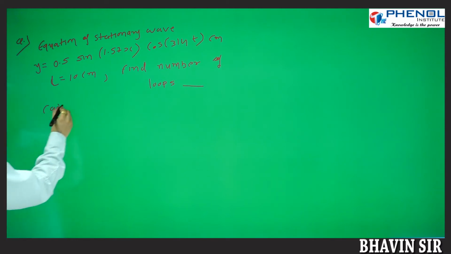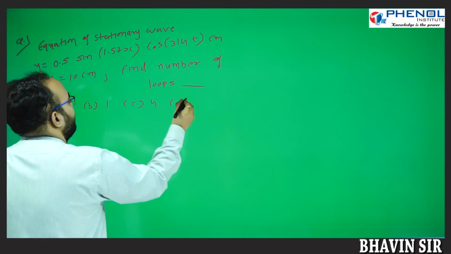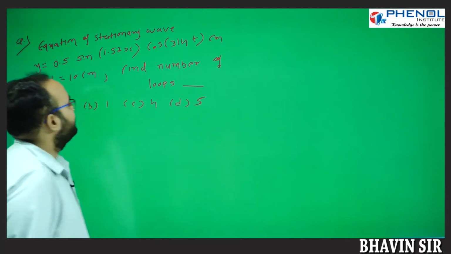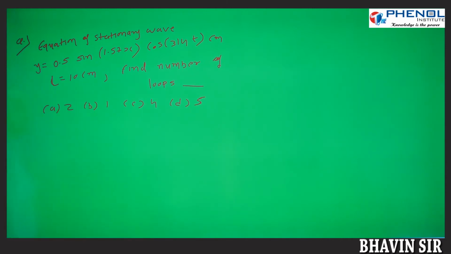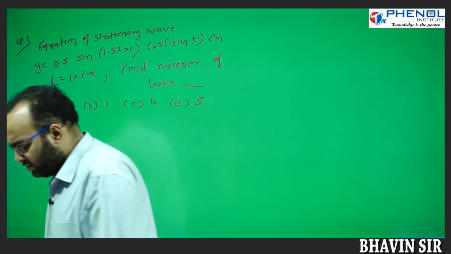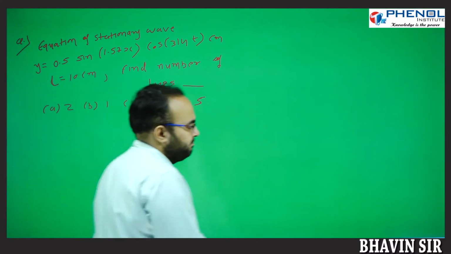Options are 2, 1, 4 and 5. What are the options? 2, 1, 4, 5. We want to find the number of loops. Chalo, so see students, how to find the number of loops here.